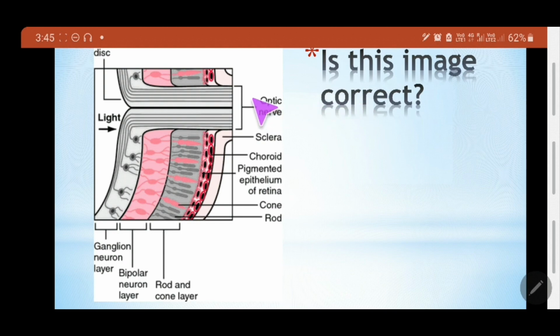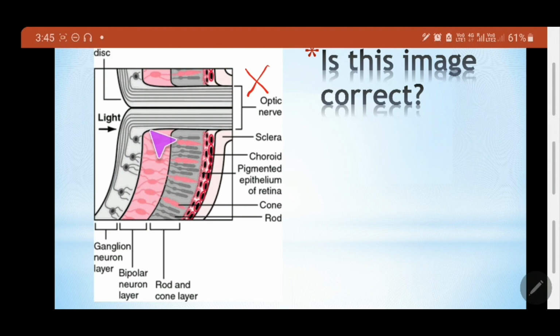So that is the problem with this image, which is wrong in this diagram, because here you are seeing the axons of the ganglion cells. As I told you, the macular fibers will pass through the center of the optic nerve, while the peripheral fibers will pass towards the periphery of the optic nerve, which is not happening in this diagram.